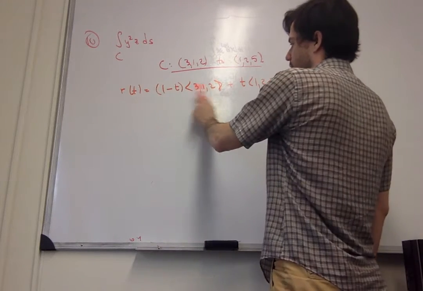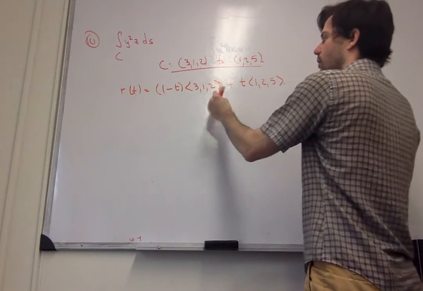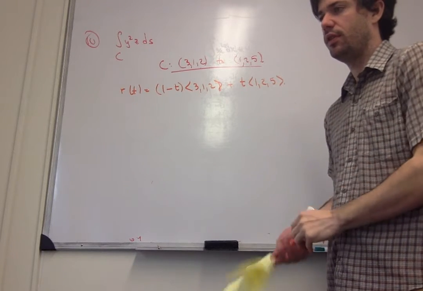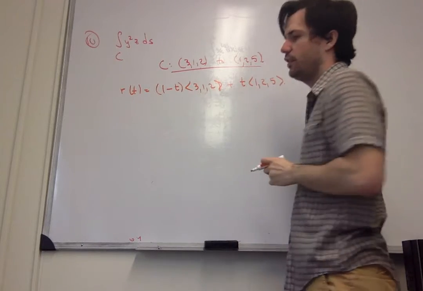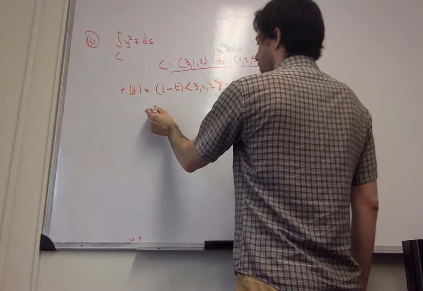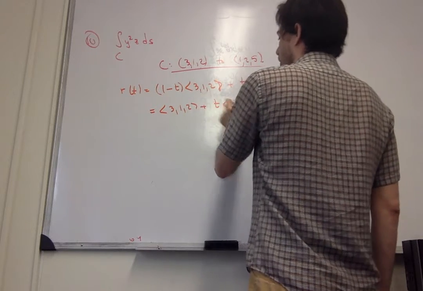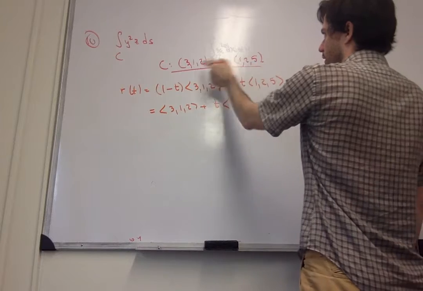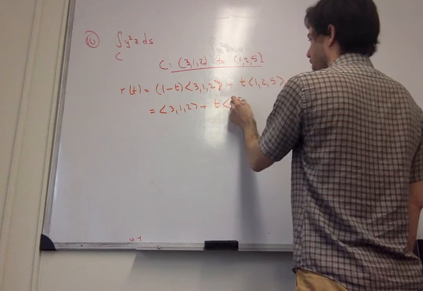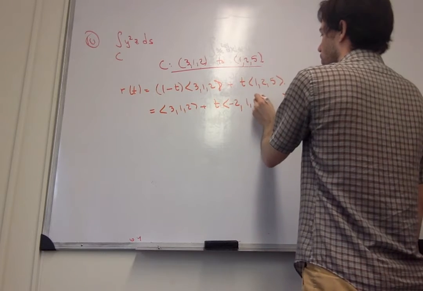And so you're starting at (3, 1, 2) with the 1 minus t, and when t is equal to 0, you start here, and when t is equal to 1, you get to your final destination. Another way of saying this is that I could also just as well have (3, 1, 2) plus t times the difference vector, which is 1 minus 3 is negative 2, 2 minus 1 is 1, and 5 minus 2 is 3.